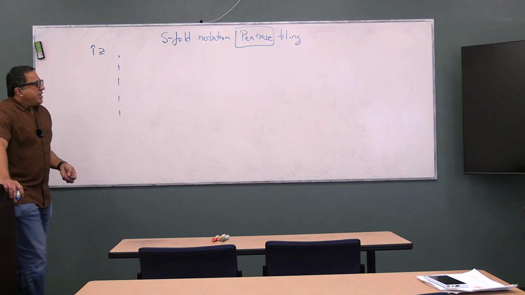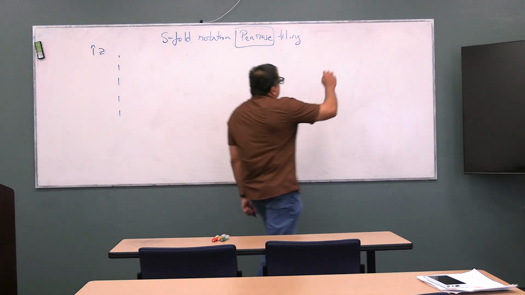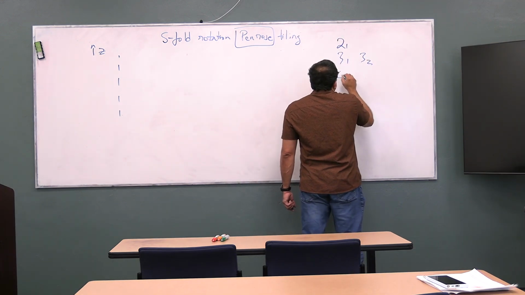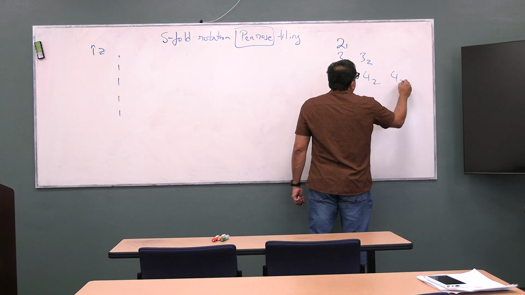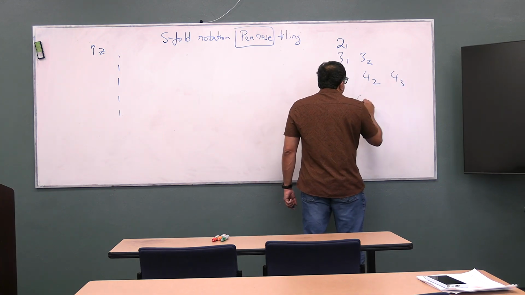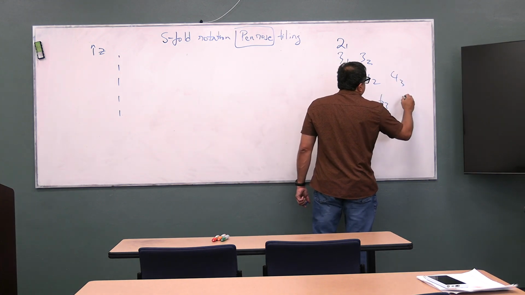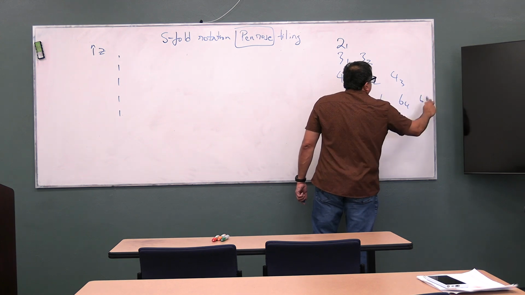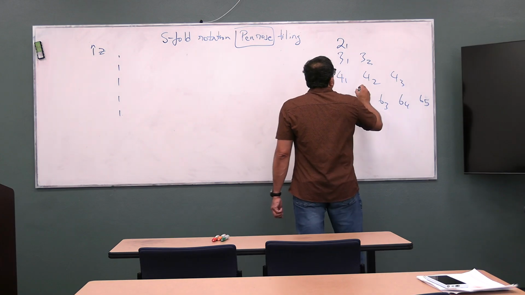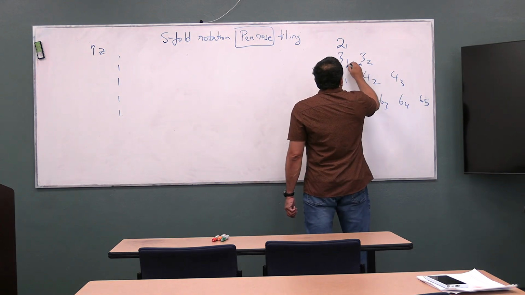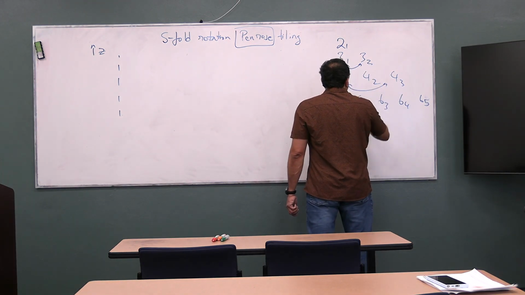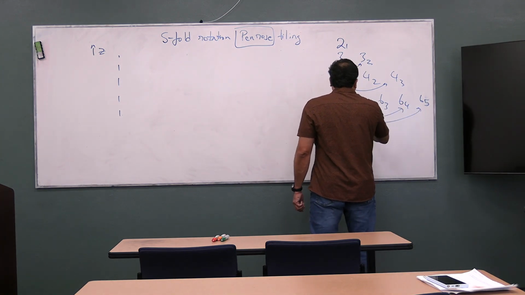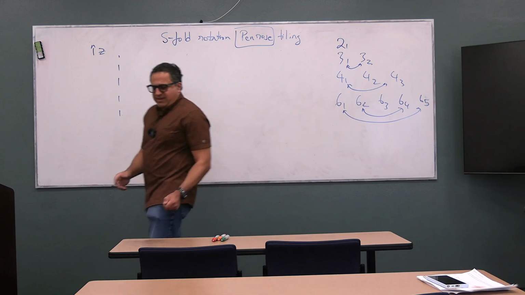I told you that the screw axes are 2_1, 3_1, 3_2, 4_1, 4_2, 4_3, 6_1, 6_2, 6_3, 6_4, 6_5. And these are pairs. These are enantiomorphic pairs, meaning one is left-handed and the other is right-handed.